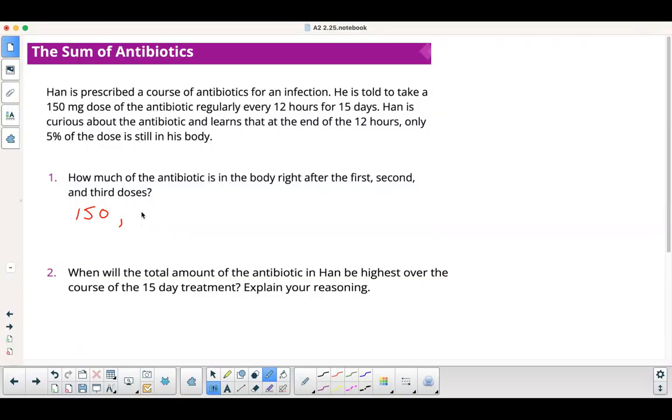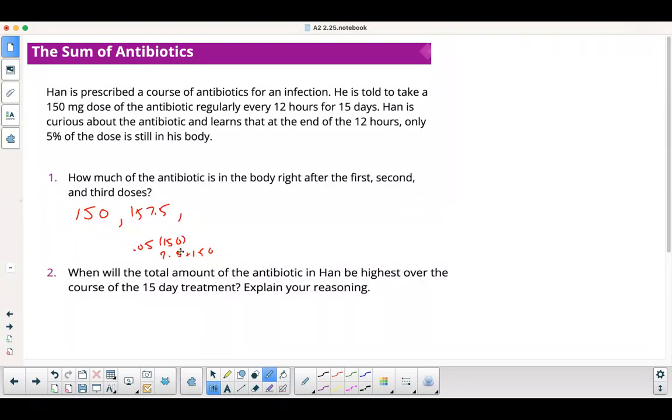So if I took 0.05 times 150 from that first dose, how much is that? That's 7.5. So it's like 7.5 from the original, but then he took the next dose, so it's 150. So it's 157.5. And then he goes to the third dose.